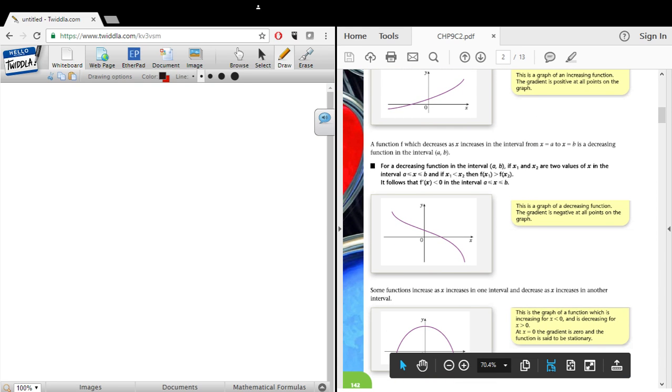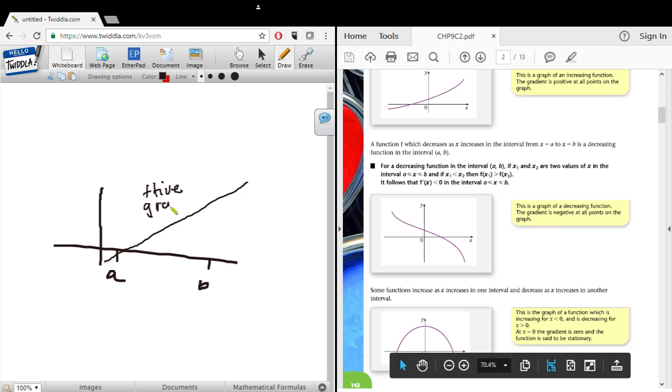And I'll show you an example here. So if we have this, say this is A, this is B, you can see that this is going to be a positive gradient. Why? Well, because it increases.